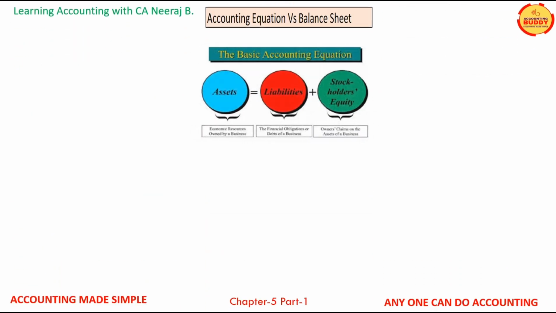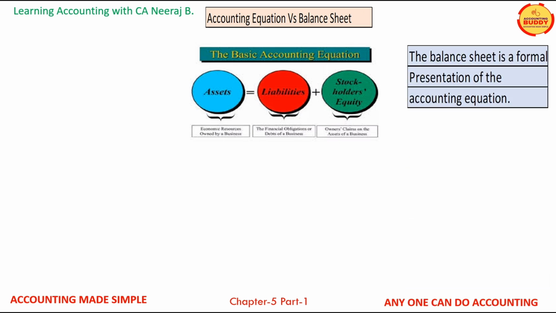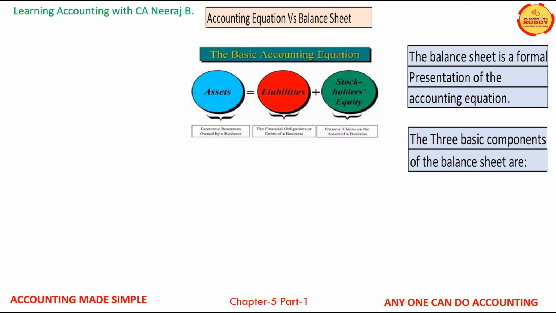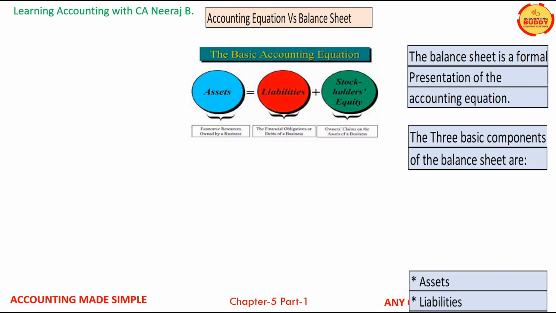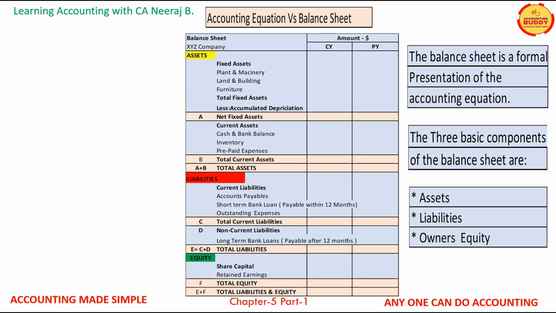The accounting equation serves as the foundation for the balance sheet, ensuring that it accurately represents the financial status of the business. The balance sheet is a formal presentation of the accounting equation. The three basic components of the balance sheet are assets, liabilities, and owner's equity. A specimen of the balance sheet is displayed on your screens.